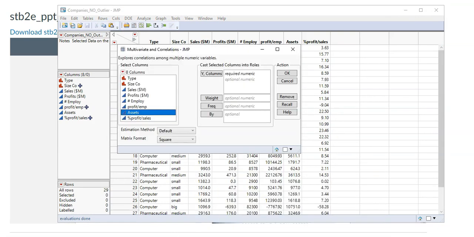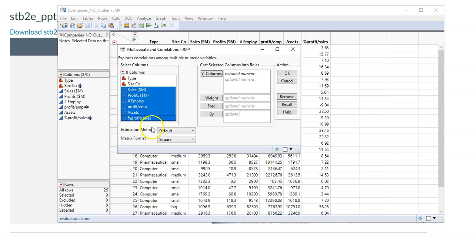I'm looking for a scatterplot matrix. We want to select all these continuous or numerical variables: sales, profit, number of employees, profit per employee, assets, and percent profit per sale.